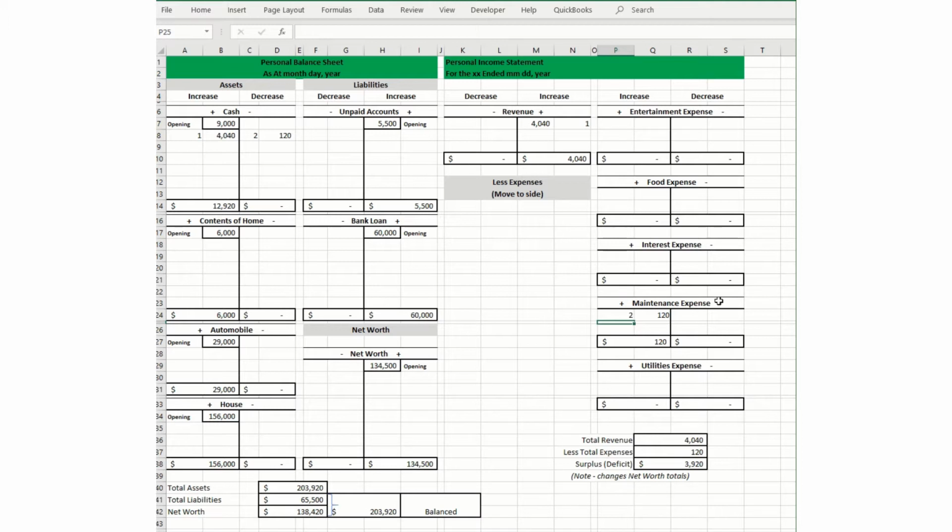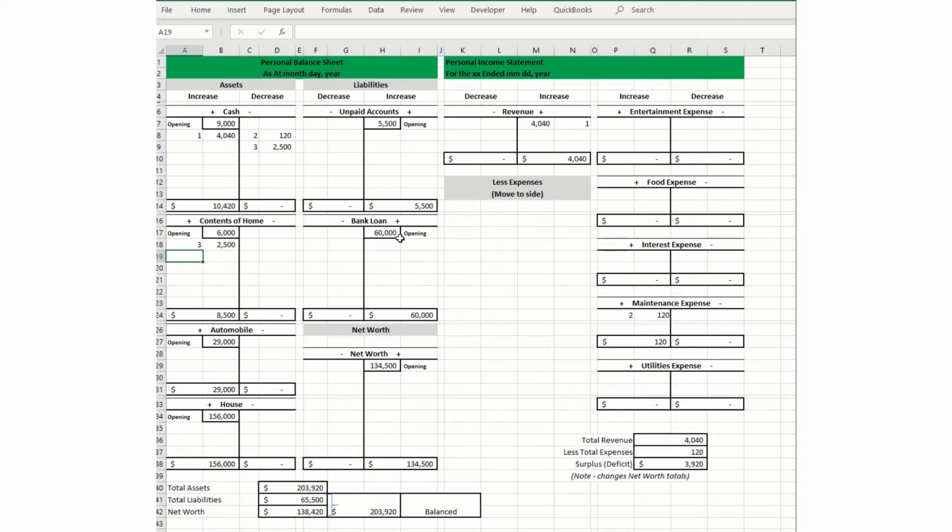Item number 3 says we purchased new furniture worth $2,500 with cash. So again, we're using cash, we're decreasing cash, and we're buying furniture for $2,500. In this case, because it has a longer term or a longer life expectancy, we will be adding this to the contents of home. So part of these transactions require you to consider what's the purpose of the transaction.